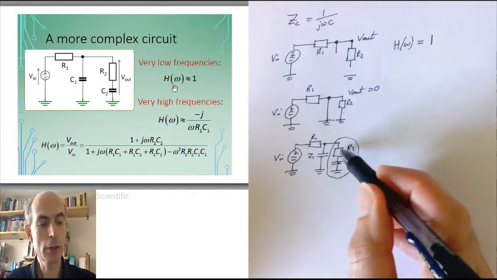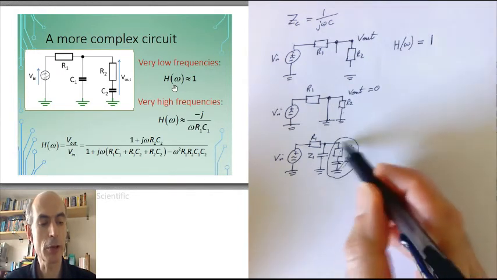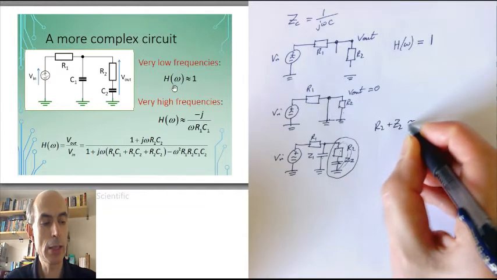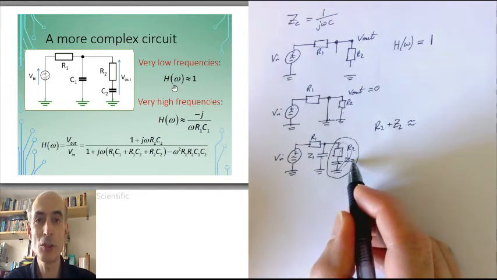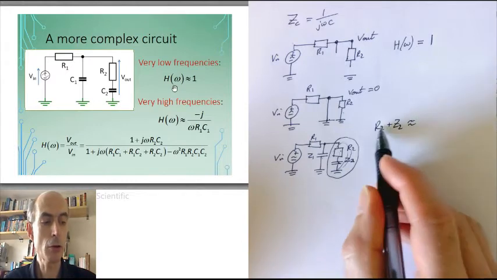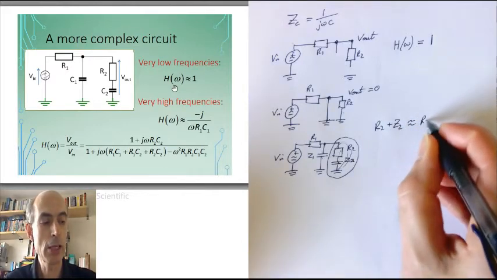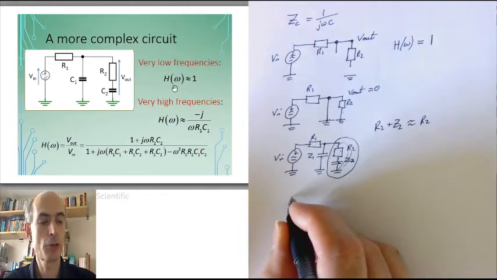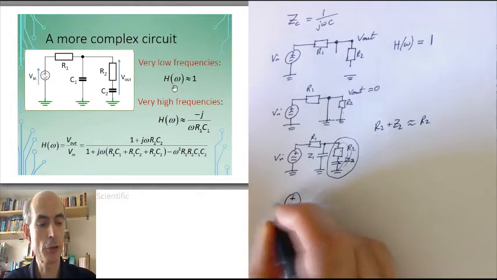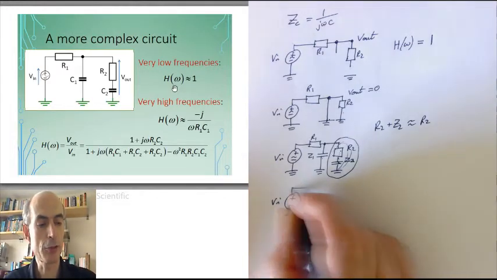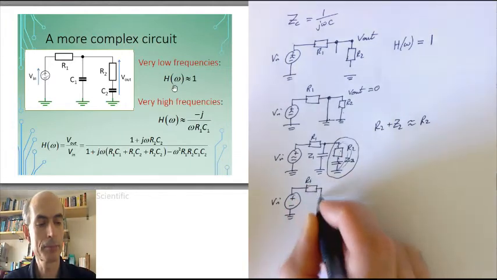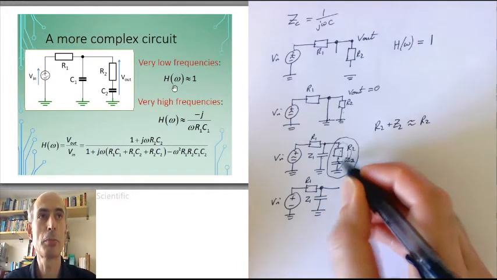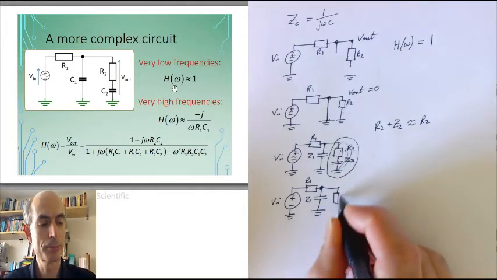So the total impedance of this part of the network here, R2 plus Z2, is approximately equal to, well, if Z2 is tiny, very, very small, then R2 plus Z2 will be approximately equal to R2. So I can do my first high-frequency approximation of the circuit, and it would look like this. R1, that capacitor is still there, but these 2 components have been replaced just by the resistor R2.